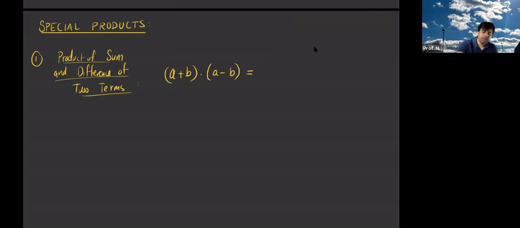When I multiply this, what do I normally have to do? FOIL. So I do a times a, which is a squared. A times negative b is negative ab. B times a is positive ab. B times negative b is negative b squared.